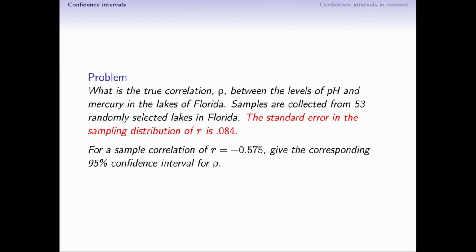The standard error in the sampling distribution of R is 0.084. For a sample correlation of R equals negative 0.575, give the corresponding 95% confidence interval for rho. So we're going to go off and work this problem under the document camera, so join me over there to see the solution to this problem.